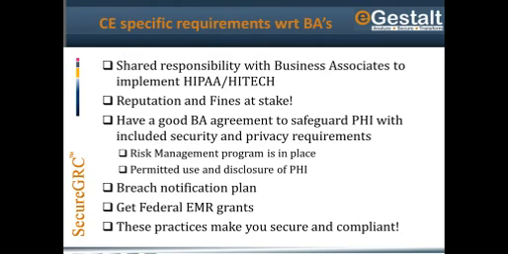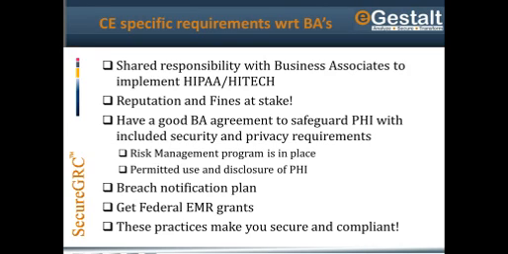Further, business associates and covered entities are required by law to have a breach notification plan to report any disclosures that happen. And so if a breach happens in a business associate environment or a vendor environment, it's required by law that the business associate or the vendor report that breach to the covered entity, and the covered entity will report it to HHS along with the business associate.